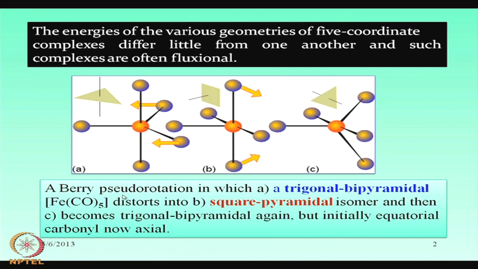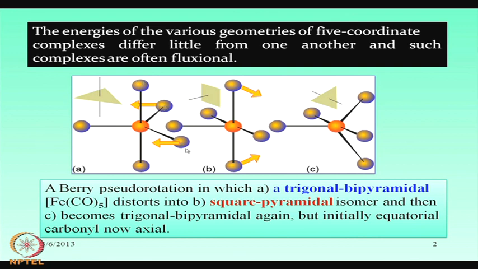So, how this particular pseudo rotation can take place is very easy to understand from there. These three, which we can also consider to be in one particular plane, will remain intact.